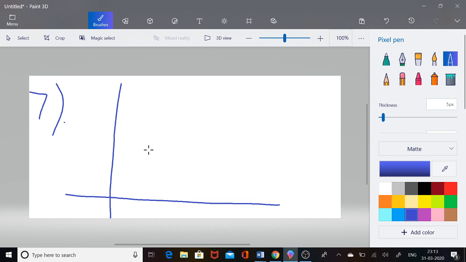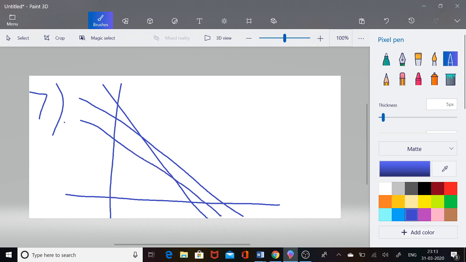In the seventh graph, there are three lines. So your graph is going to be like this, and one more line is going to be cutting here. This line gives you 0 and 15 by 2.